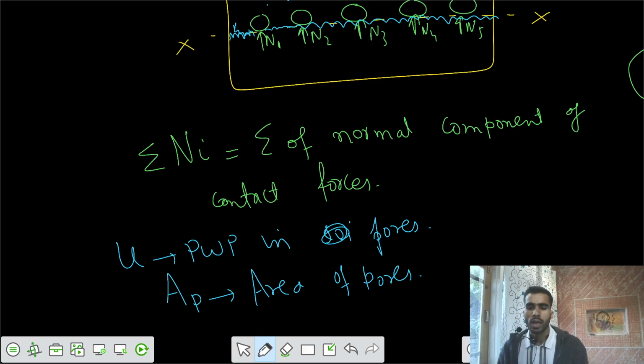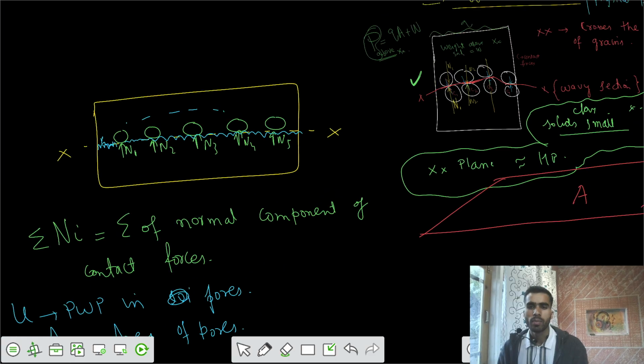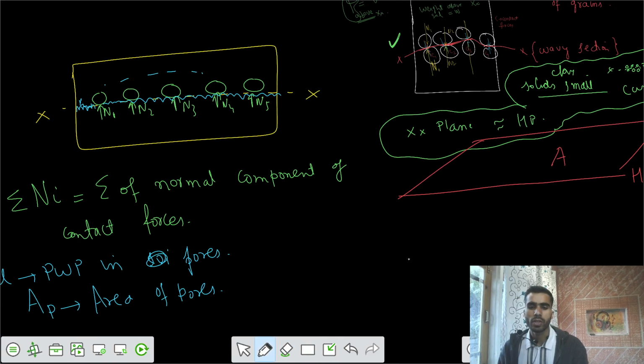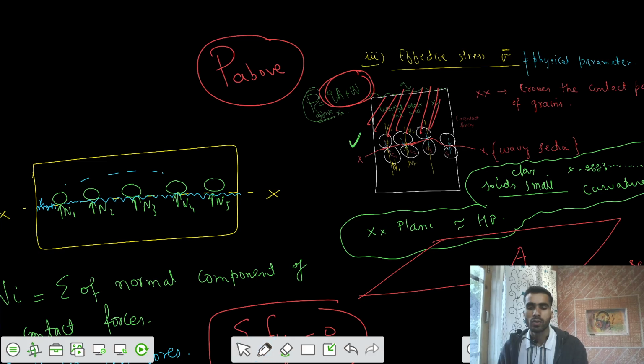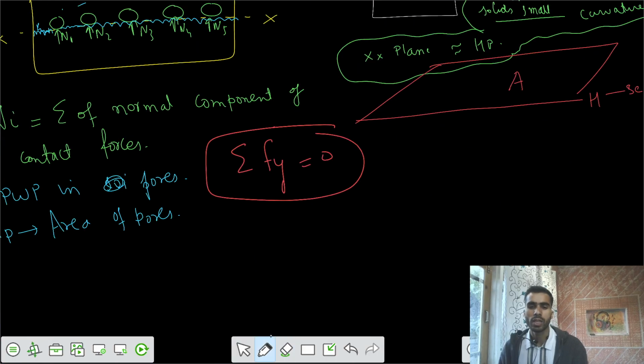So by force equilibrium, I can write that summation of Fy equals zero. The total weight above that cross section, because of surcharge and the external weight above, is P above that cross section XX.